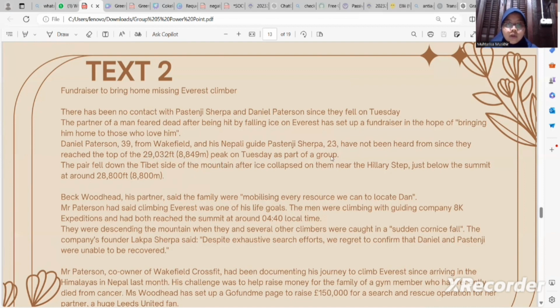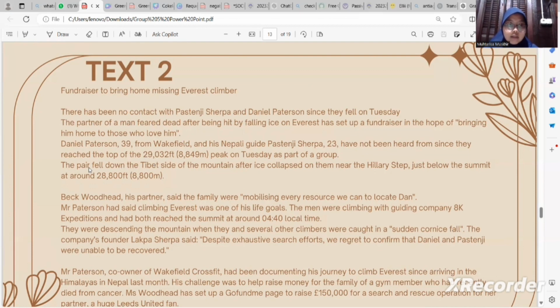The pair fell down the Tibet side of the mountain. So the reason why they are missing could be in this paragraph, but it's not quite right. So we have to search for it in the next paragraph.